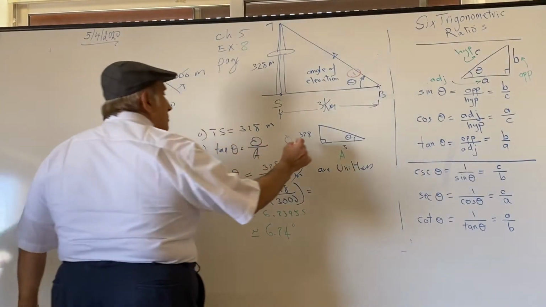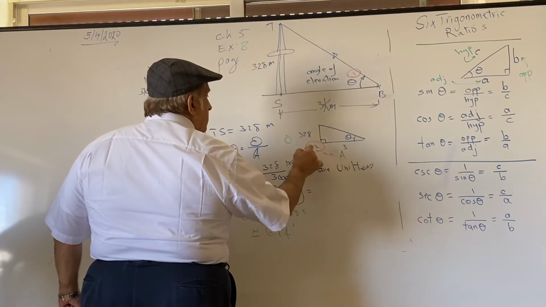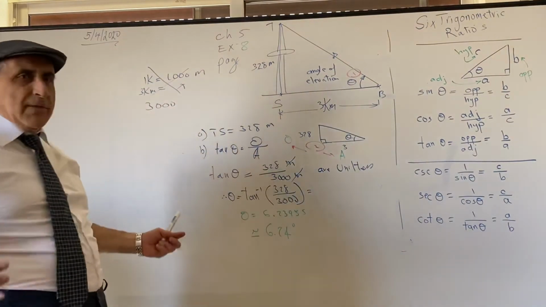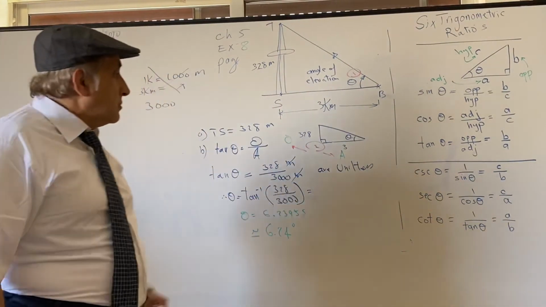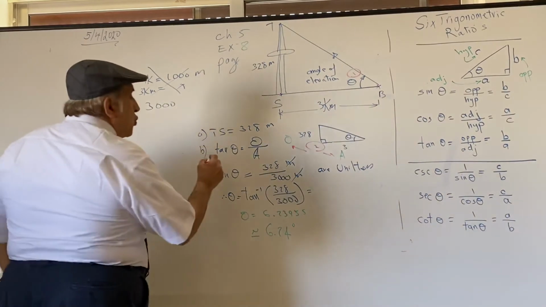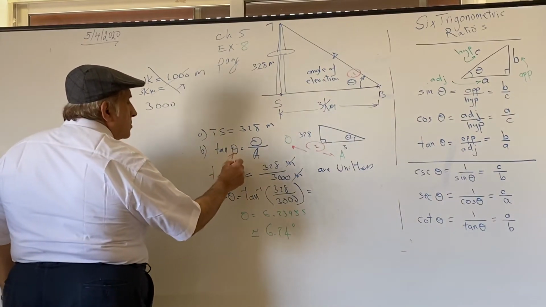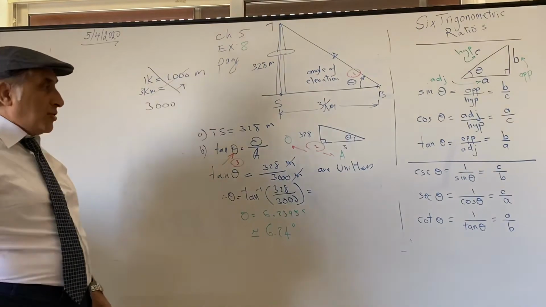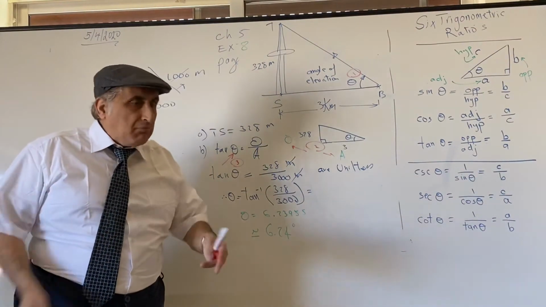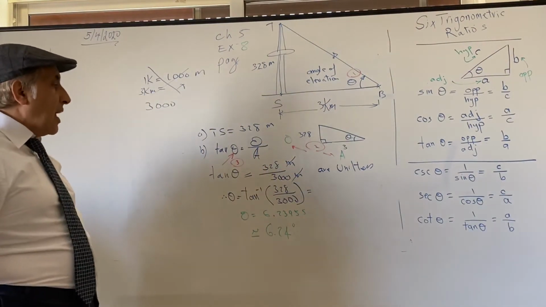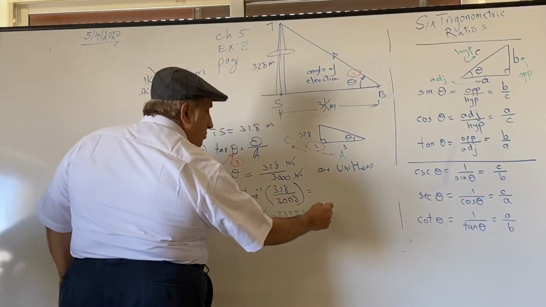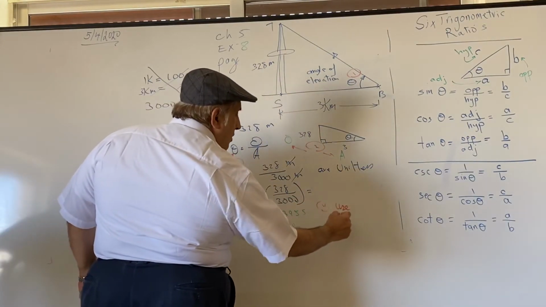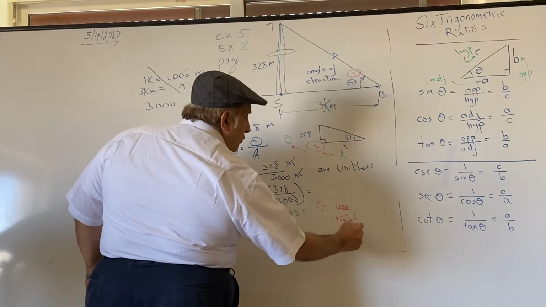Number 2, label the sides. Where's my opposite? Where's my adjacent? Where's my hypotenuse? Number 3, choose the trigonometric ratio. If you don't choose the right one, you will not get anywhere.